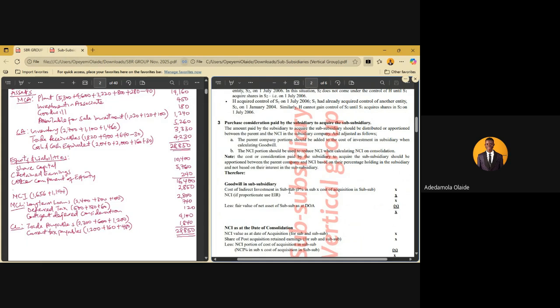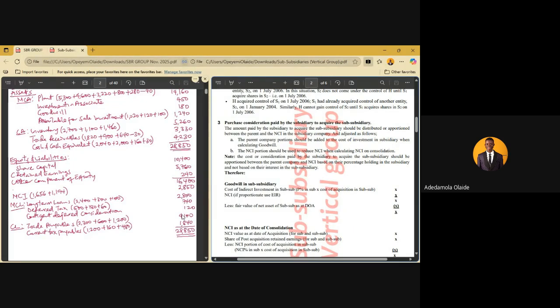So to calculate the goodwill, it is very easy. In the sub-subsidiary now, it is just the cost of the indirect investment. What is the indirect investment? It is the percentage the parent owns in the subsidiary multiplied by whatever purchase consideration the subsidiary paid to acquire the sub-subsidiary.